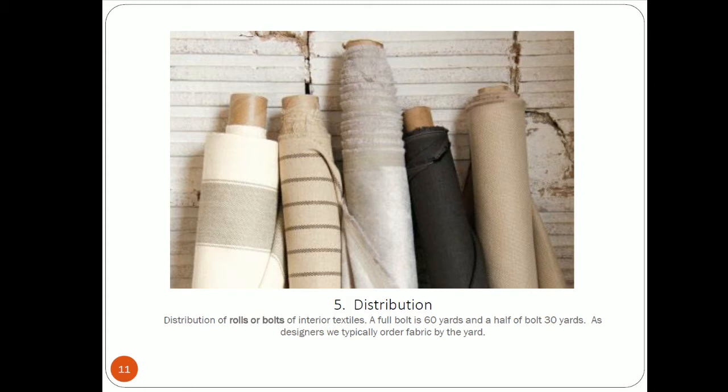Let's say they were designing custom drapery treatments for a whole hotel. Well, they would want to purchase by the bolt because they are ordering hundreds of yards of fabric, and there is a large discount for ordering in volume. It's like Costco. You order a lot, but you get it for more than half the price. So that's distribution.